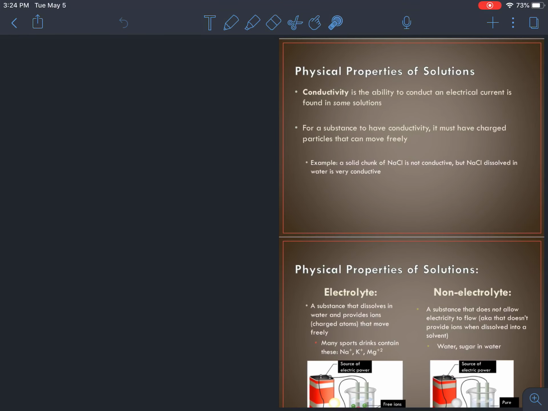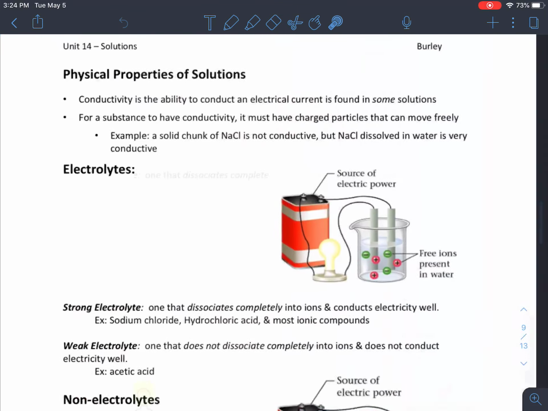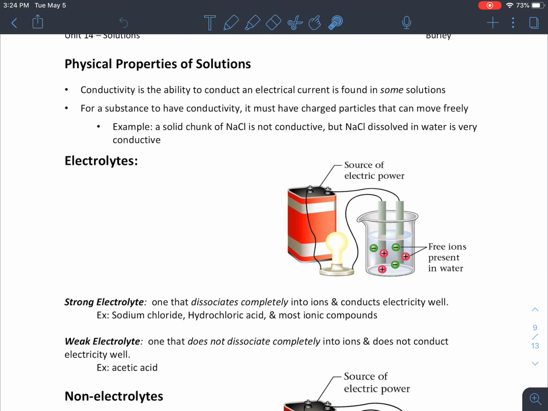I'm going to go back to our packet of fun here, and we will take a look at this word called electrolyte. An electrolyte is a substance that, when dissolved in H2O, provides ions, which are charged atoms, so positive or negative ions that can move around freely.